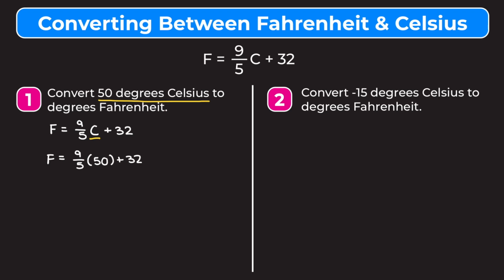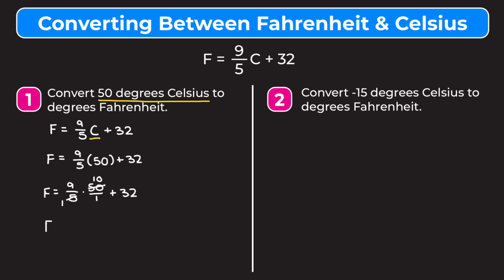So now what we want to do first is multiply out this 9/5 times 50. So remember, when you're multiplying a fraction by a whole number, you want to change the whole number into a fraction by putting it over 1. And now I'm going to cross reduce. So I'm going to divide 5 and 50 by 5. So 5 divided by 5 is 1. 50 divided by 5 is 10.